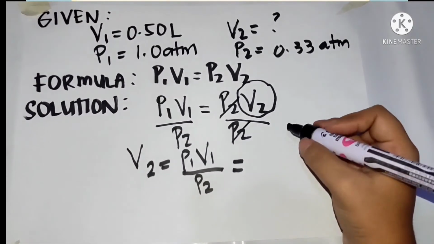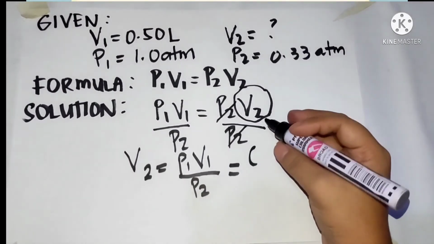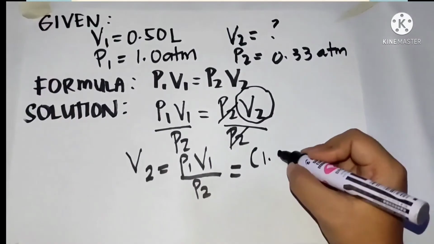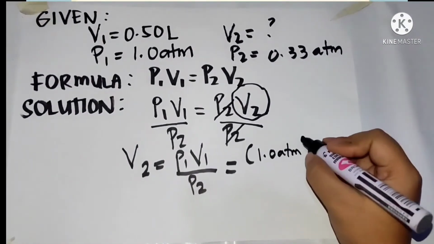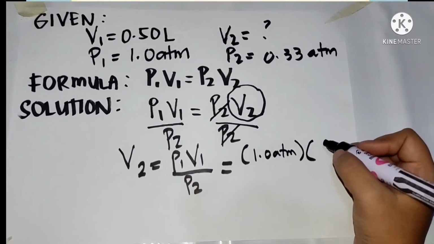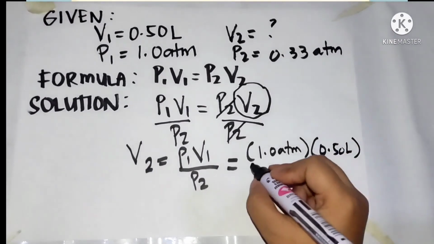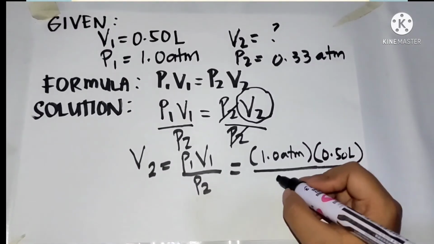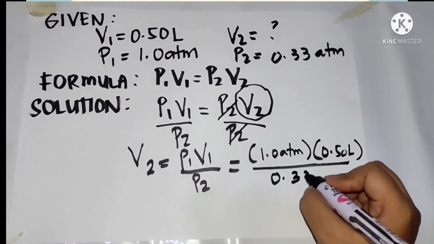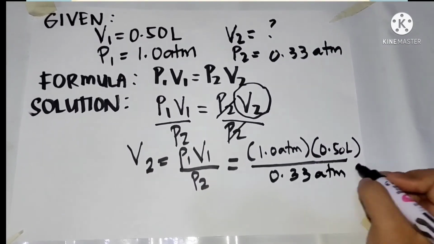Substitute the given. P1 is 1.0 atm multiplied by V1, which is 0.50 liter, divided by P2, which is 0.33 atm.